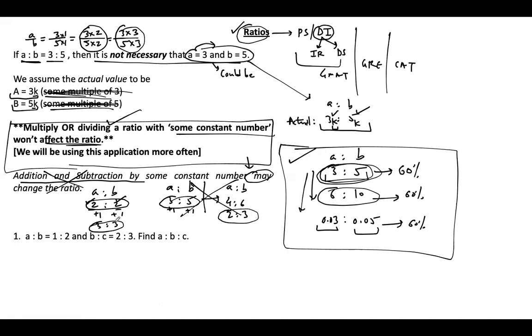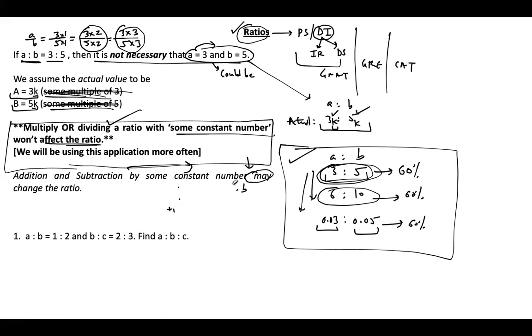The actual value won't change, but since we don't know, here we know that both values are the same. So adding or subtracting a 1 won't affect my ratio, but you shouldn't be doing addition and subtraction by some constant. Never. The only things you should be using are multiplication and division.